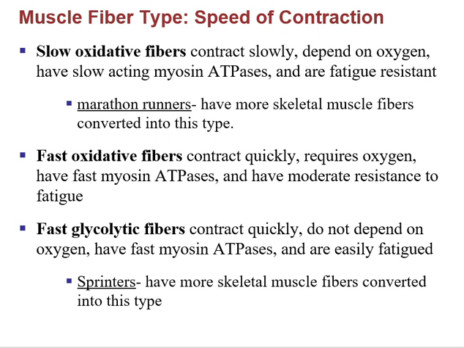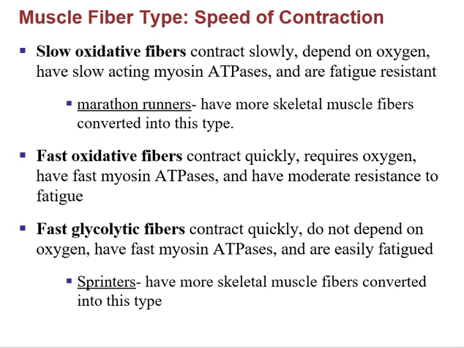Slow oxidative fibers have slow ATPases, they're fatigue resistant, and they use the aerobic mechanism, so they depend on oxygen. We see a lot of these fibers in marathon runners. They have more skeletal muscle fibers that are converted into this type. You also have fast oxidative fibers, which also depend on oxygen.